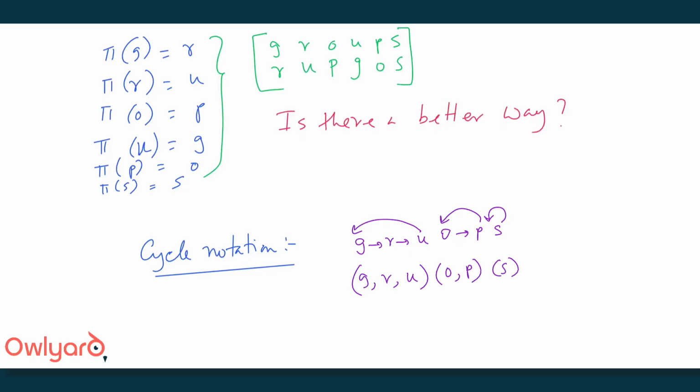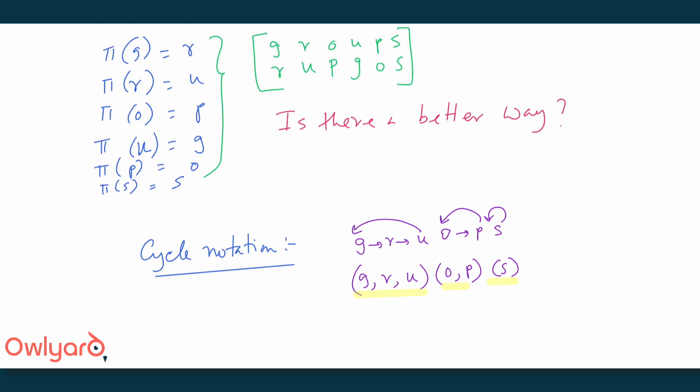Now this is a perfectly, I would say, complete way to represent a single permutation, and this is adopted quite heavily in the math community. So each of these tuples are called cycles, and the length of a cycle is denoted in order to specify that particular cycle.